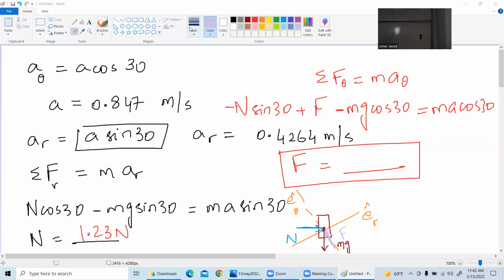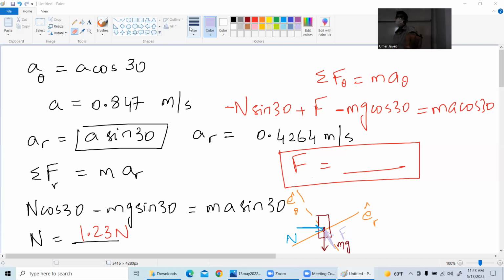So technically, when they are asking the question of finding the force on the slider by the arm, they are trying to ask me what's the F theta, the force in this direction. That's why when I am doing that summation of forces in the theta direction, I put a capital F on the left hand side because I know that there is a force that the arm is putting on this fellow. What about the mg? For sure, it is in a vertical plane. There is a weight component to it.